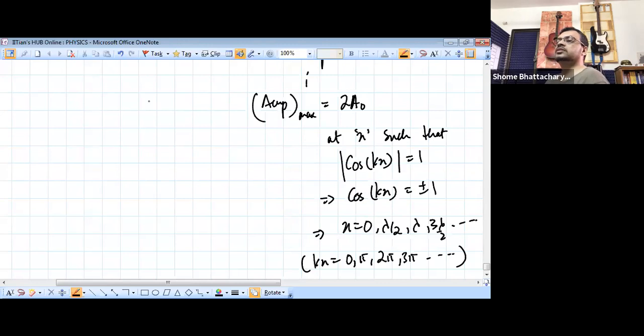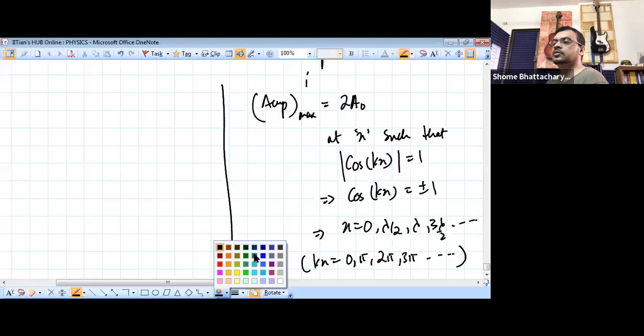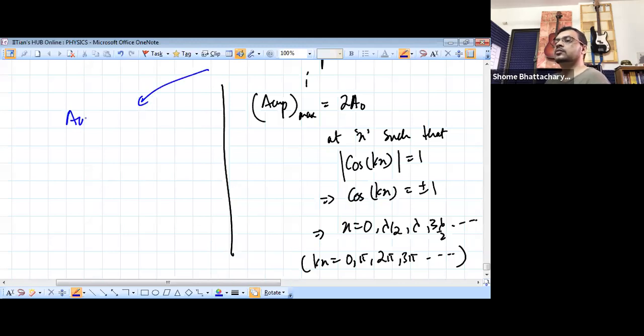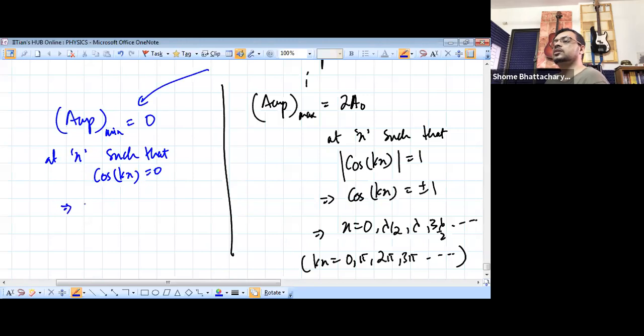Okay. Whereas the amplitude on the other hand is minimum, is 0, at x such that cos kx is 0. So kx should be pi by 2, 3 pi by 2, 5 pi by 2, and so on.